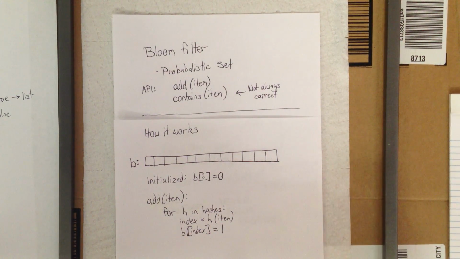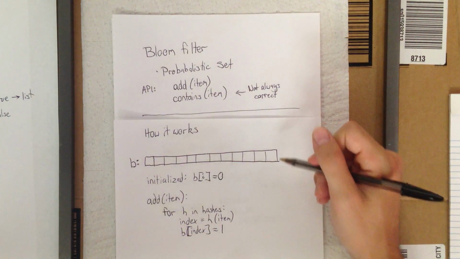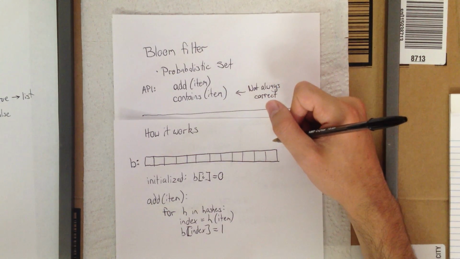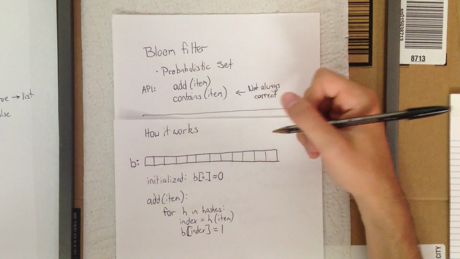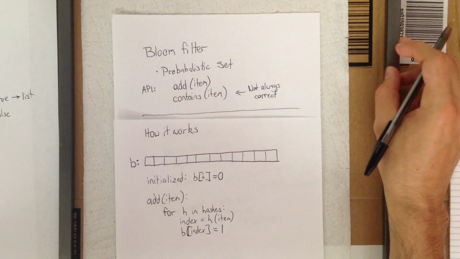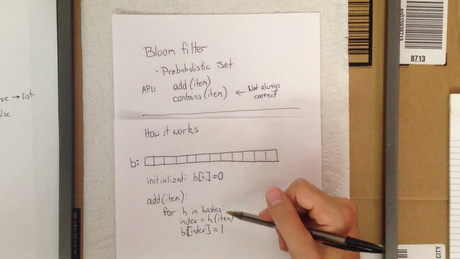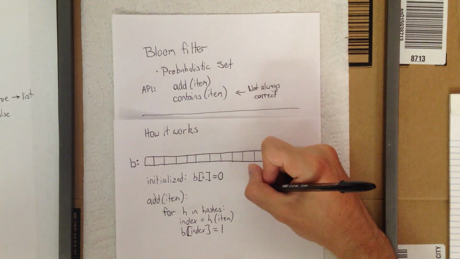So let's say, as an example, that we have a Bloom filter. So to begin with, all the bits are 0, and we go to add an item. So let's say we go to add maybe a picture. Maybe we're adding pictures to this Bloom filter. So we have a few hash functions, and I'll tell you what a hash function is now.